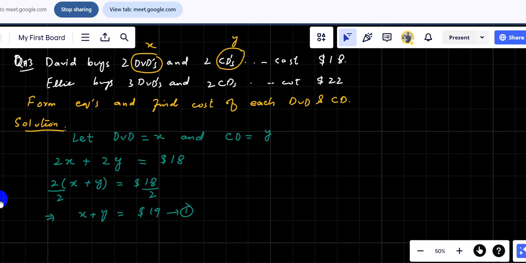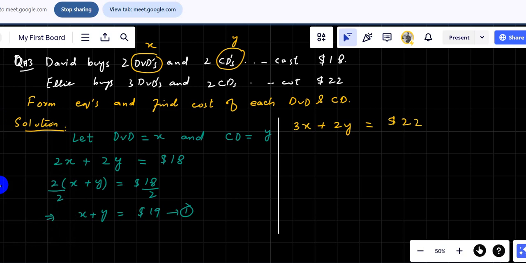Okay, next, the second equation. In this question, I'll only write the equations. You're gonna solve these. In the second equation, 3 DVDs, so it will be 3x and 2 CDs, plus 2y equals 22.